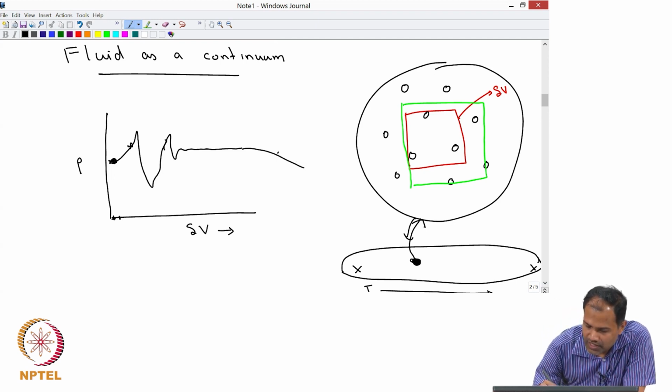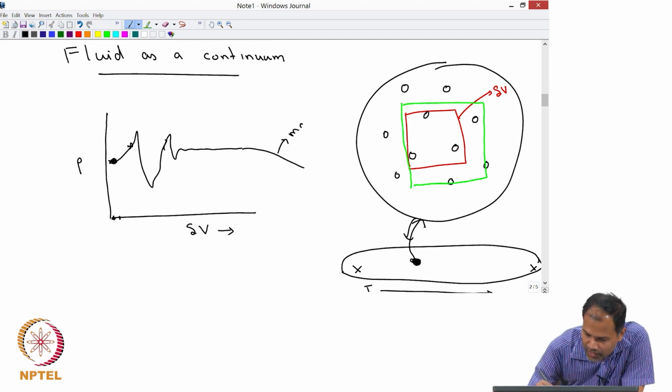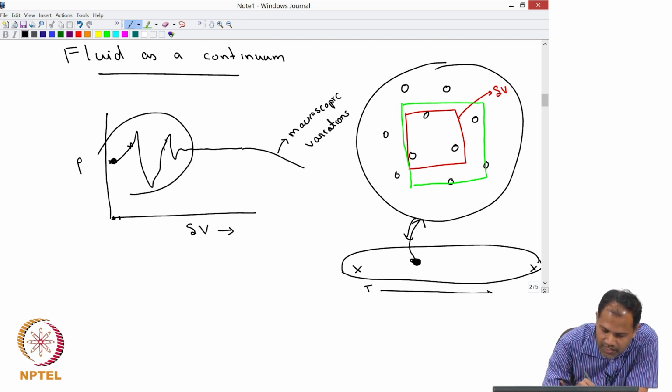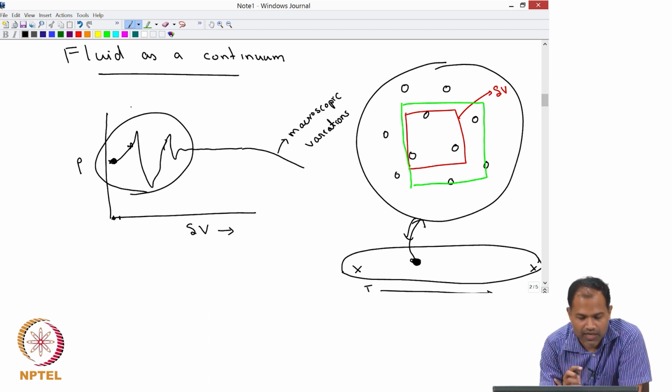So this region where you start seeing the density changes is because of the macroscopic variations, while in this region the density fluctuation is because you are at a length scale which is comparable to the molecular length scale.